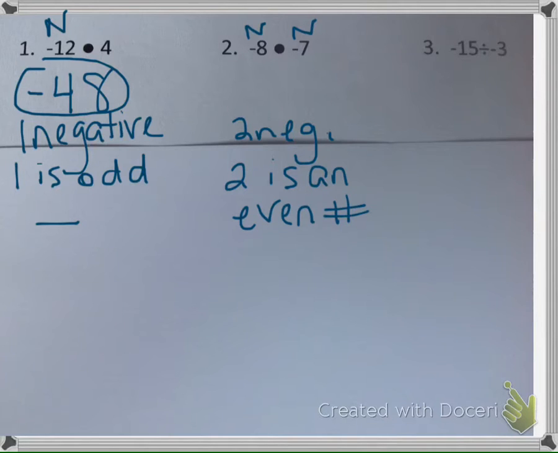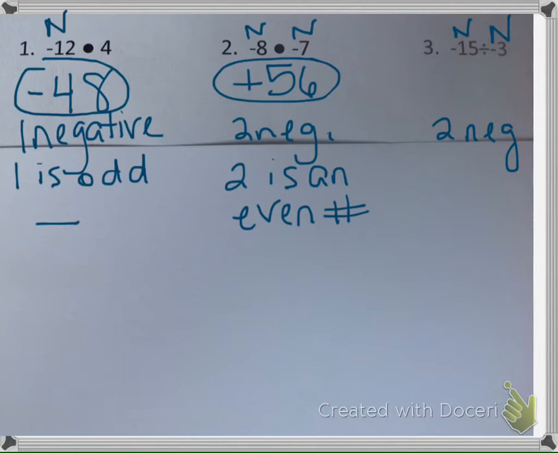So your answer is going to be positive, and then 8 times 7 is 56. Number 3, you have a negative and a negative, so that's two negatives. 2 is even, so my answer is going to be positive. So it's a positive, and then 15 divided by 3 is 5.